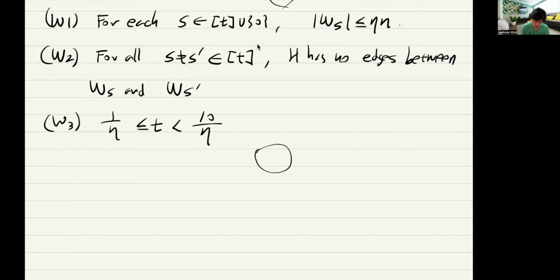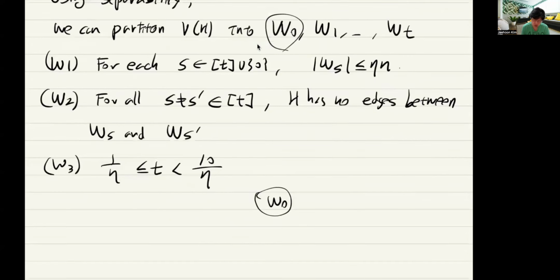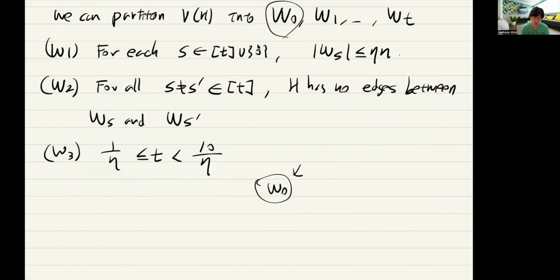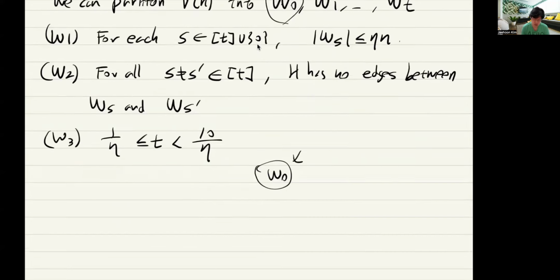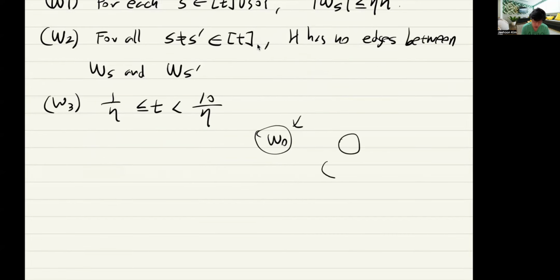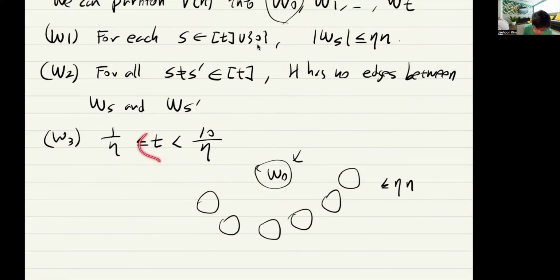So you take W0, which is the separator, and if this is a small separator, then you get these components. Note that every one of them has size at most 8 times. But we want to make sure that T is not too big.